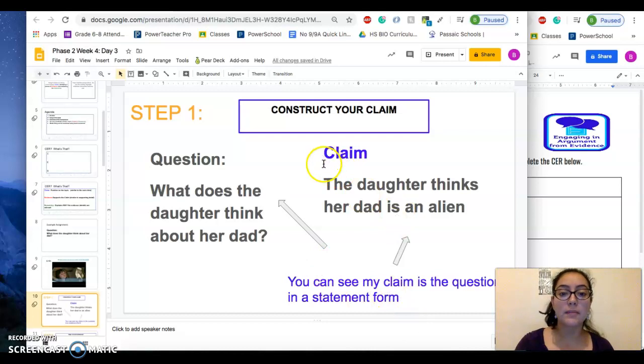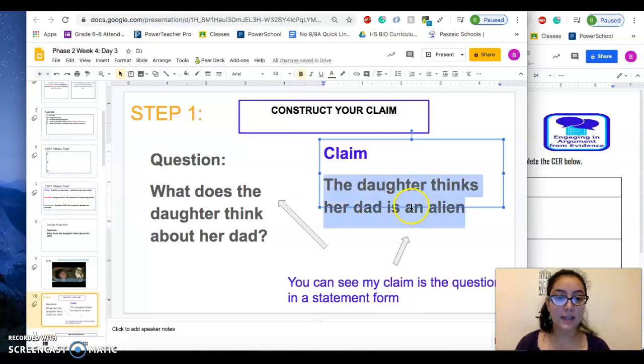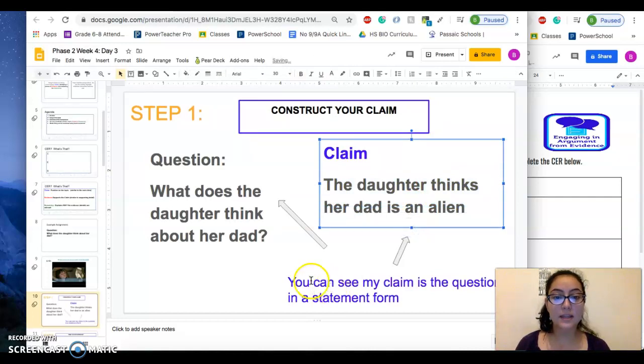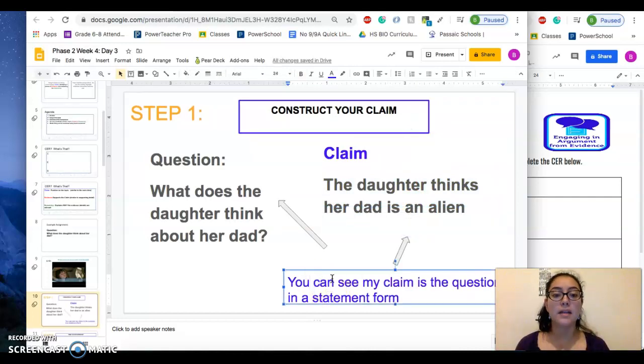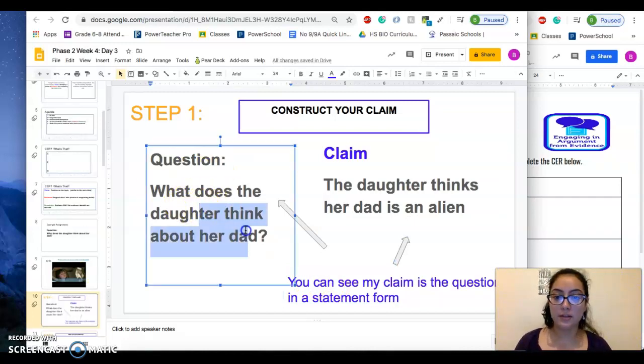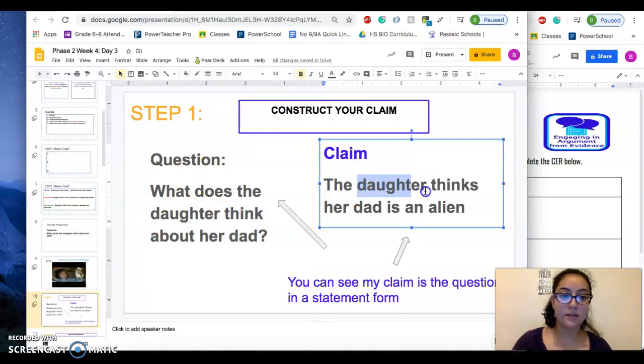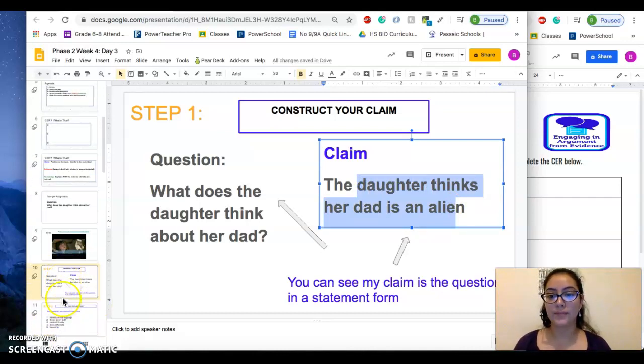So if you look at the claim that I wrote, the daughter thinks her dad is an alien. So you can see that my claim is the question, but in an answer form, in a statement form. So you're answering the question.